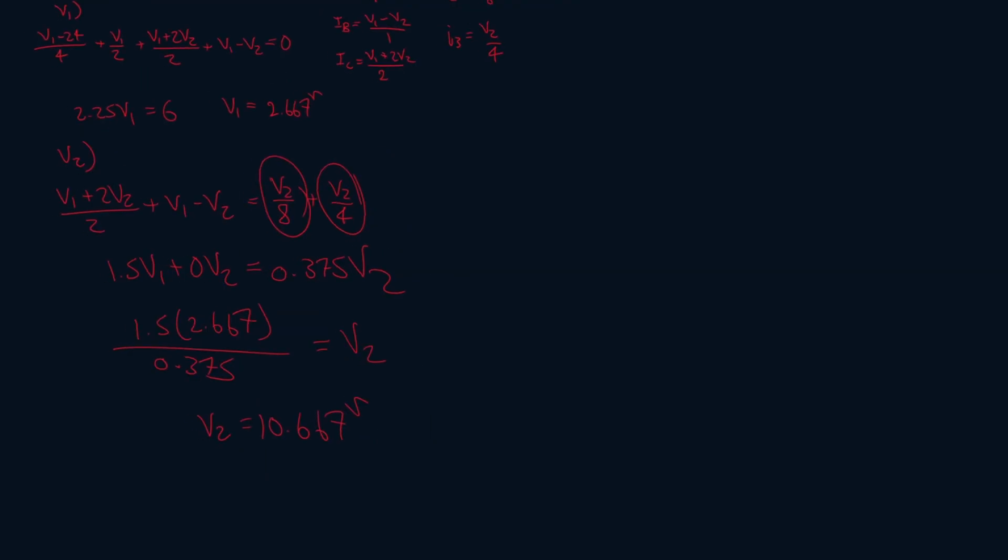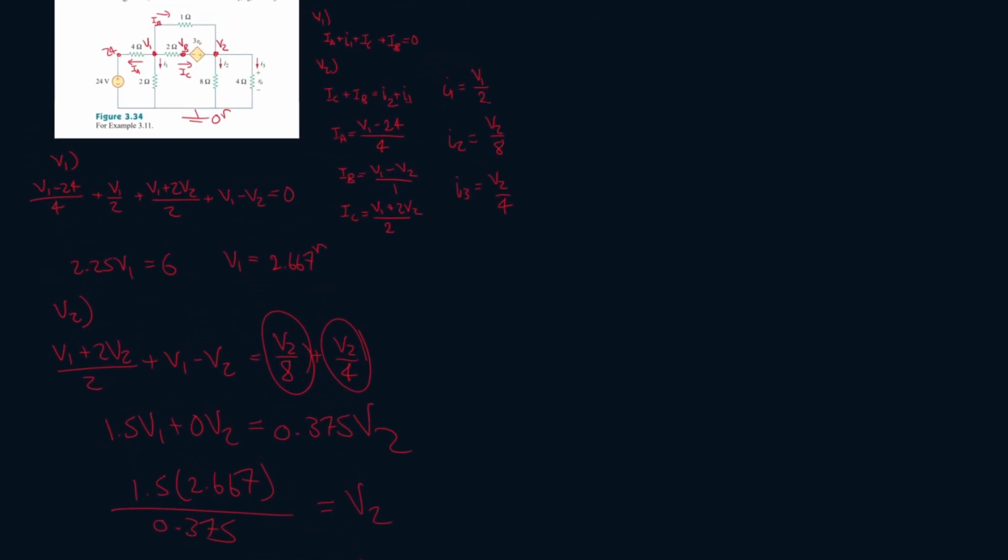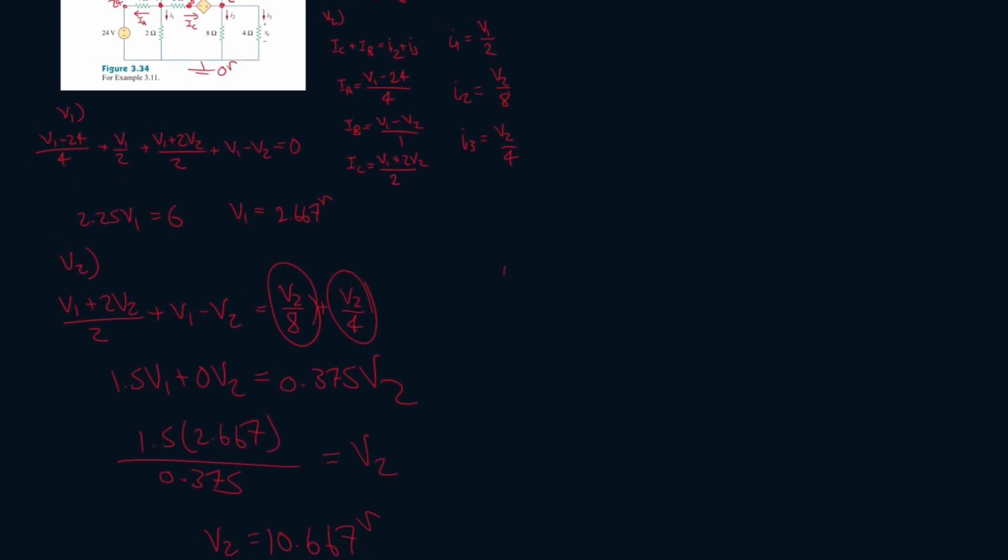So now what do we have left? Now we have to find the I values, which is what we wanted at the start. So I1, I2, and I3. I1 is equal to V1 over 2, and V1, that's 2.667 over 2, which will give us 1.3335 amps.